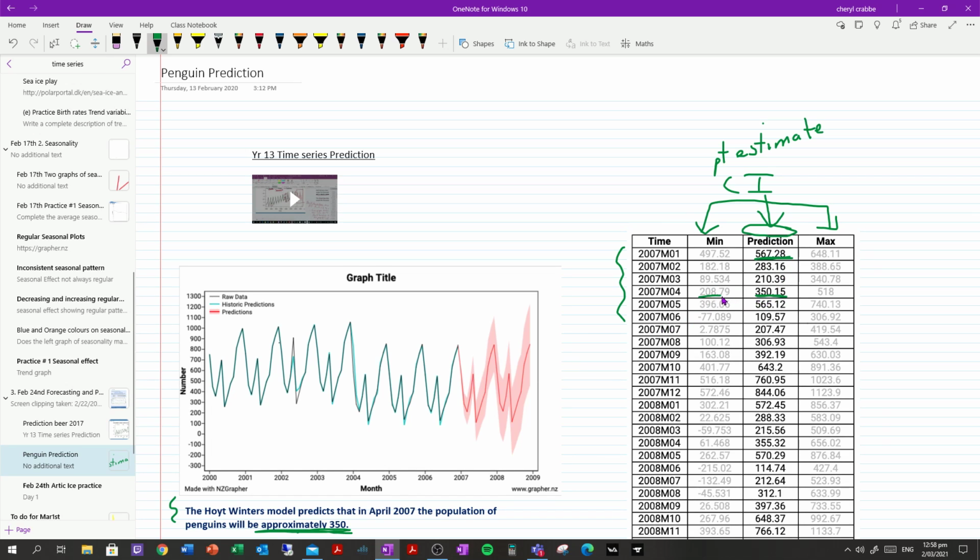So it's better to use a confidence interval because that gives us a little wiggle room, and we can sort of say, well, we're pretty confident that the penguin population in 2007 in month 4 would be somewhere between, I don't know, 209 penguins to about 518 penguins. That's quite a wide interval, but you can see that the 350 falls within that, but it also gives us some wiggle room for that to be incorrect. So it could be somewhere between 209 to 518 penguins. We're really confident that our prediction will fall somewhere in that range.